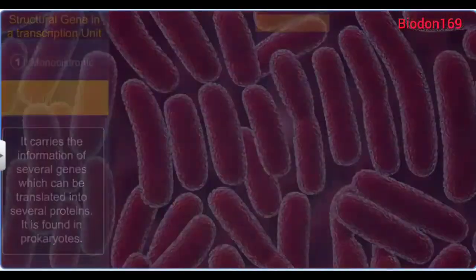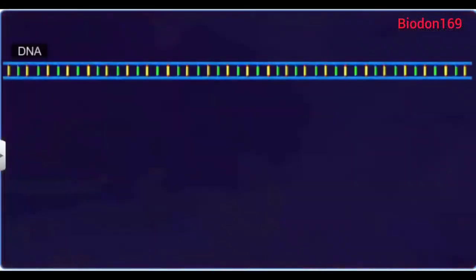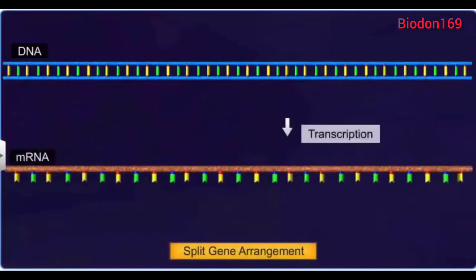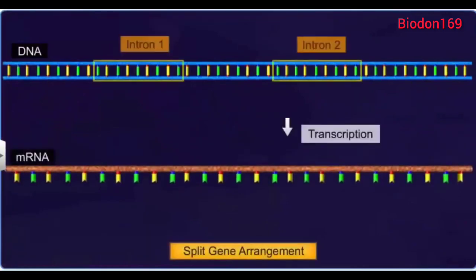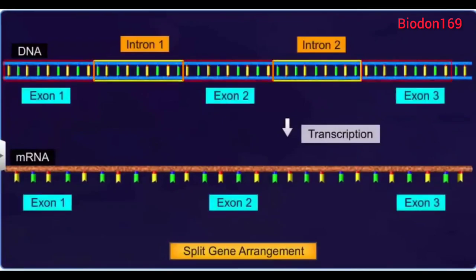The monocistronic structural gene has a split gene arrangement, where sequences called introns and exons are present. However, in this gene arrangement, only the exons act as coding sequences.